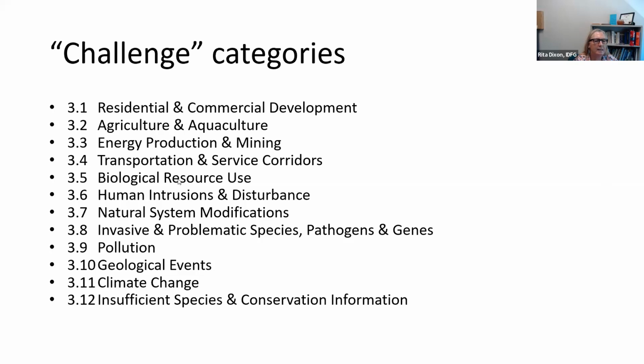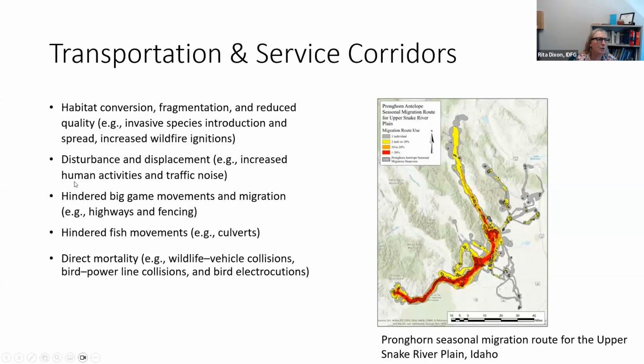I've listed these to give you an example of what categories are in our State Wildlife Action Plan, and many of them address connectivity. The other thing we've done, and this is the broad challenge category of transportation and service corridors, is this: here's a pronghorn seasonal migration route for the Upper Snake River Plain in Idaho.